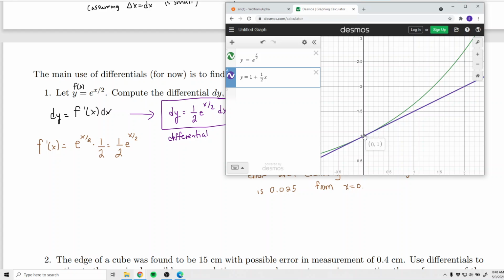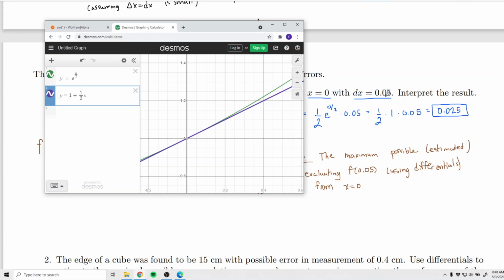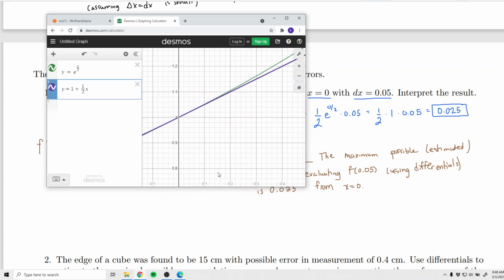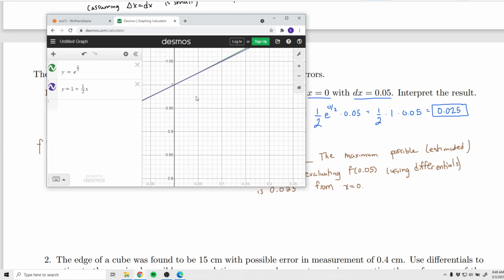Now let me zoom in because it's at x equals 0. What we want to remember is that we only care about being 0.05 away. So notice that this is 0.2. We can keep zooming in. This is 0.1. If I zoom in a little bit further, this is 0.05.